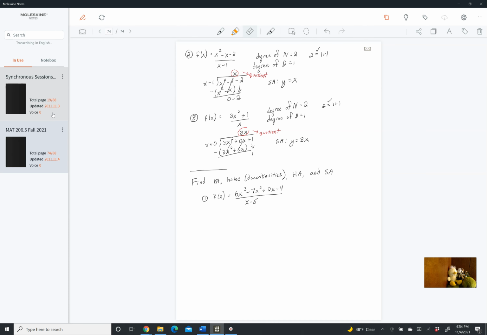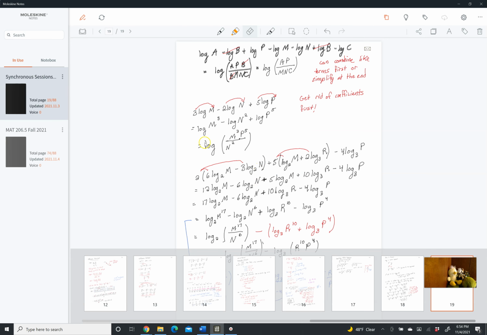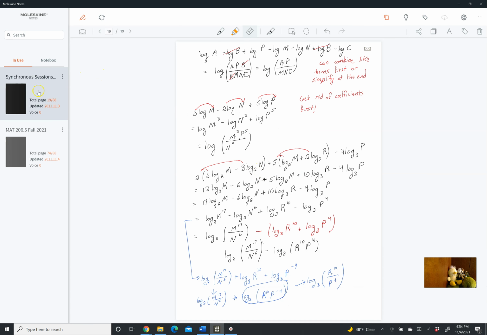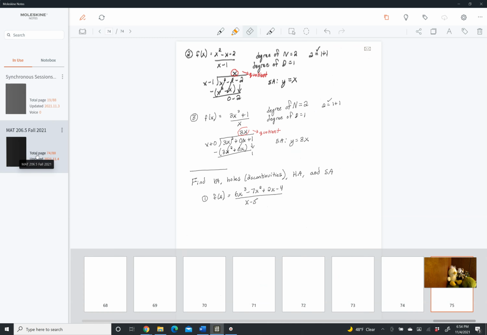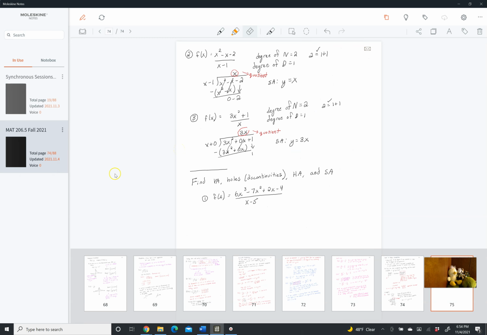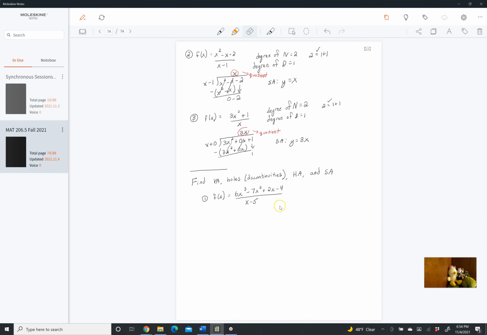Now, because of that, the x minus 5 can't cancel. But let's say that you didn't know that the numerator wasn't factorable. What can we do? What we're looking for is to see whether the x minus 5 cancels. So you can just plug in 5 and see if it's a factor, right? We can use the factor theorem.